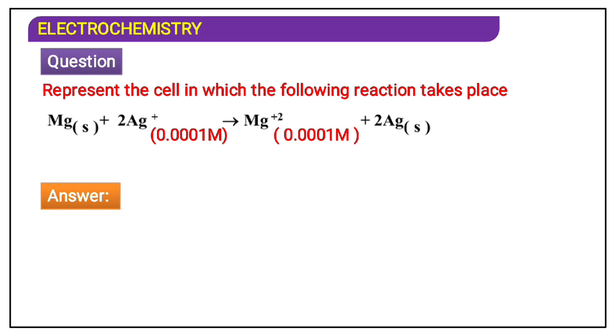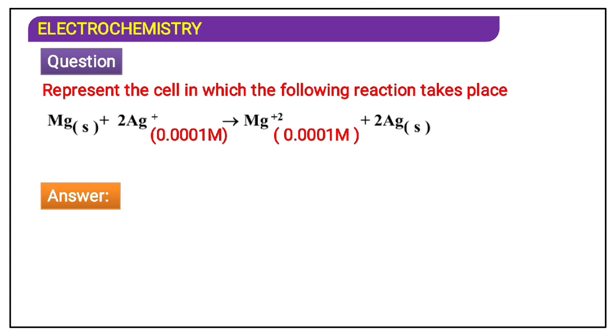Here the concentration of Ag+ is 0.0001 molar. The concentration of Mg2+ is 0.0001 molar. Both concentrations are the same.